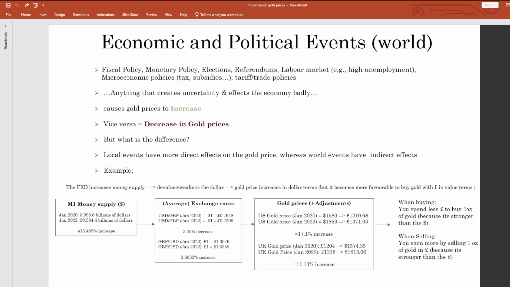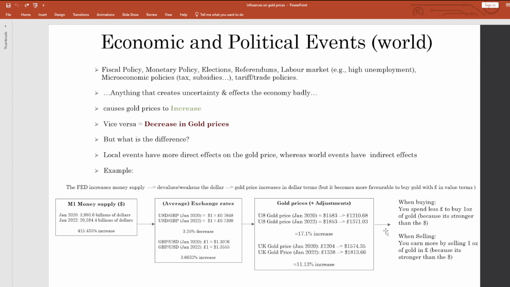Similarly, when you are selling 1 ounce of gold coin in pounds rather than dollars, you get more value out of it. Essentially, every time the price of gold increases in dollar terms, it actually becomes favorable to buy it with a foreign currency, but a big one, so euros, pounds, simply because the value of these currencies is larger than the US one.